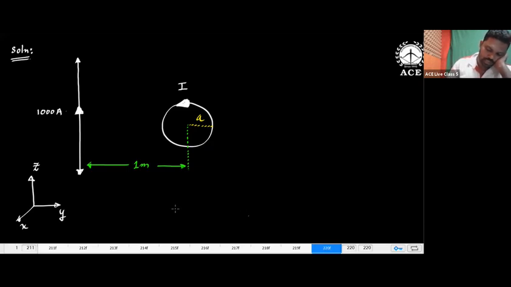Now let us proceed further here. I'll call this as a1. This one as a2. So I want to find out the net magnetic field here. Yes. So what is the net magnetic field there, beta?